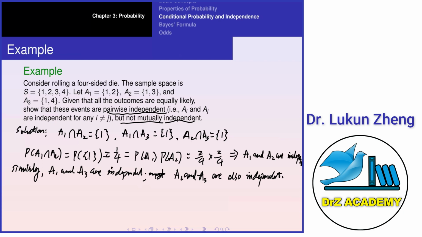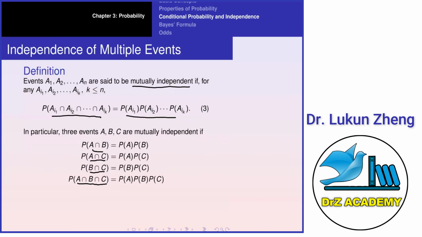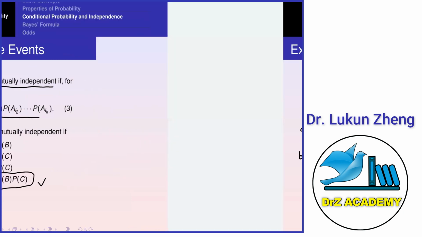So what do we mean by mutually independent? For 3 events to be mutually independent, it has to be not just pairwise independent, but the product equation must also hold. So all the equations hold. Now let's check the final equation for this example.